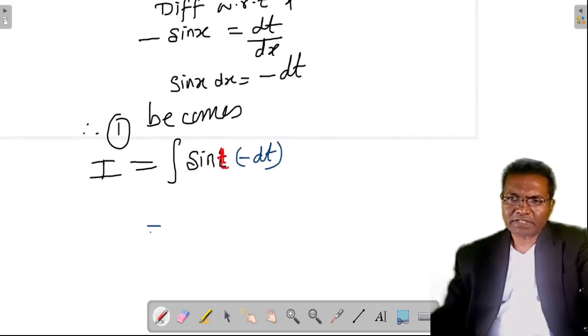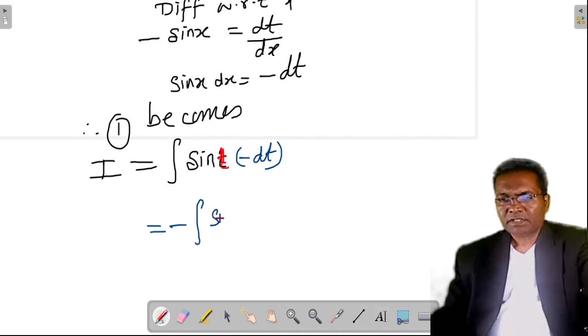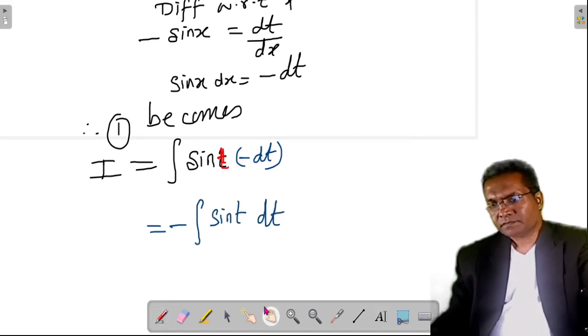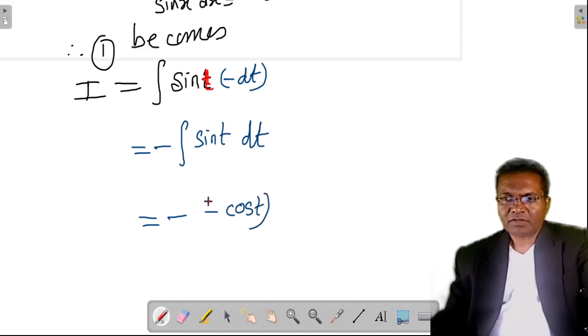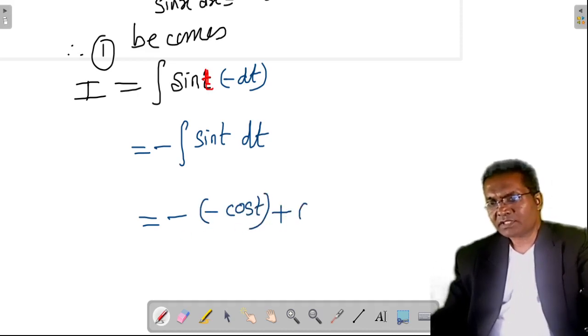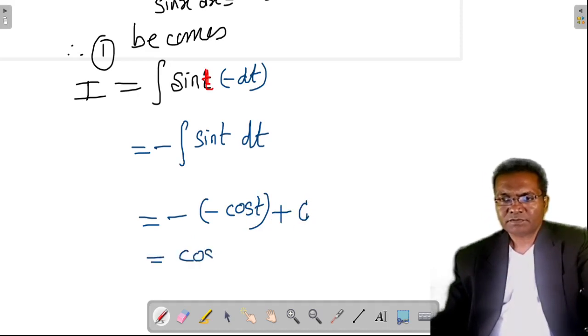So minus outside, integration of sin t. Integration of sin is minus cos t plus constant c. So minus into minus plus, cos t.